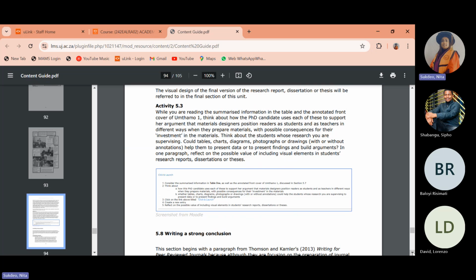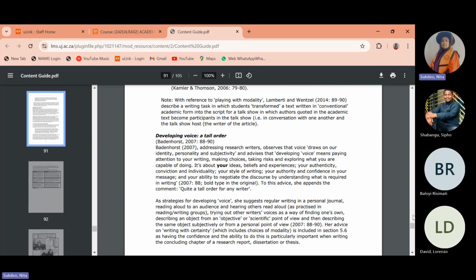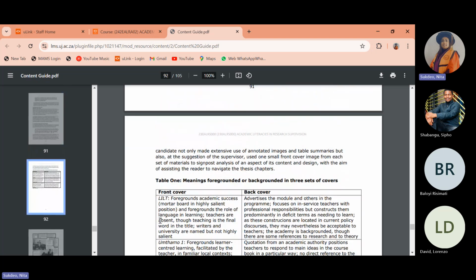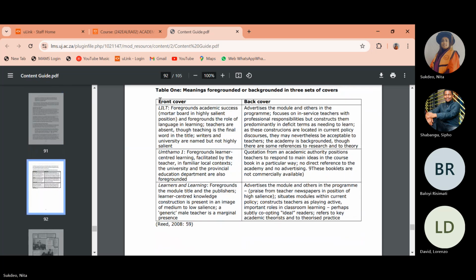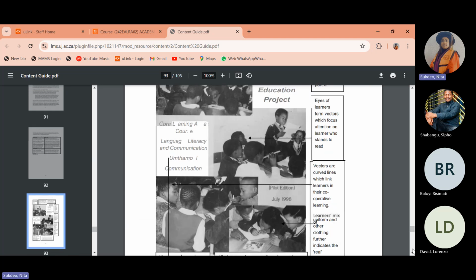Activity 5.3: while you are reading and summarizing information in the table, we're looking at the table that was given to us above on what is required of cover pages and so on. So 5.3 is based on that.